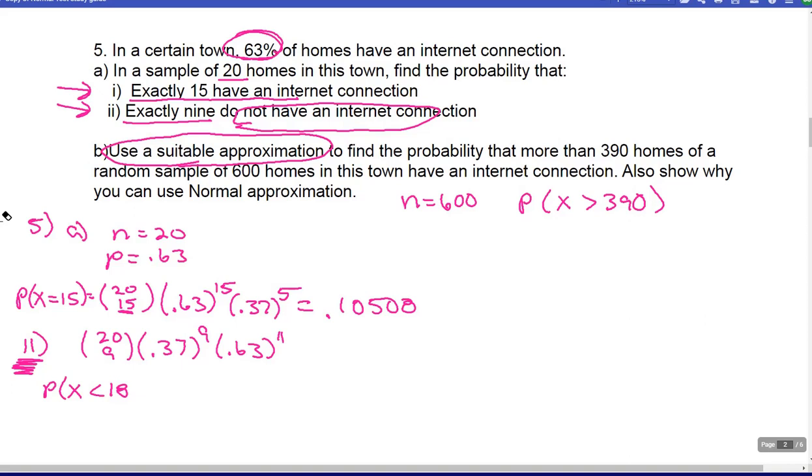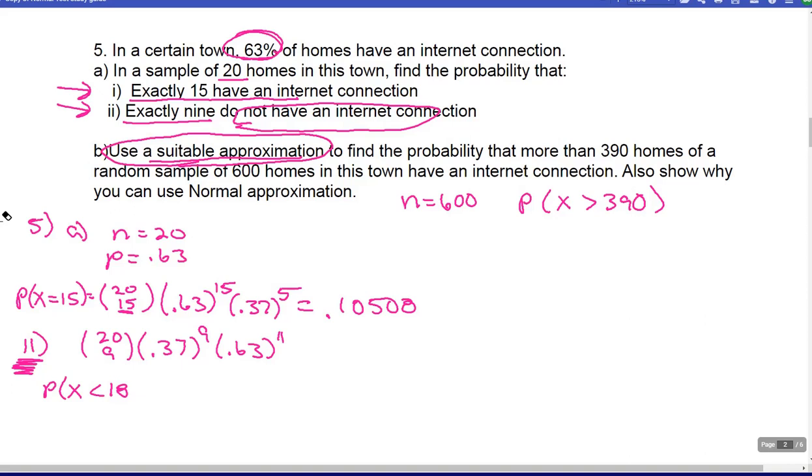No one's ever going to expect you to do that. So, like I said, most of the time, they'll say these words, use a suitable approximation. However, if they didn't say that, but they had a large sample and it would never make sense to do it with a binomial distribution, as long as it meets the parameters of n times p being greater than 5 and n times 1 minus p being greater than 5, then you would just automatically do it. But most of the time, you'll see these words, a suitable approximation.